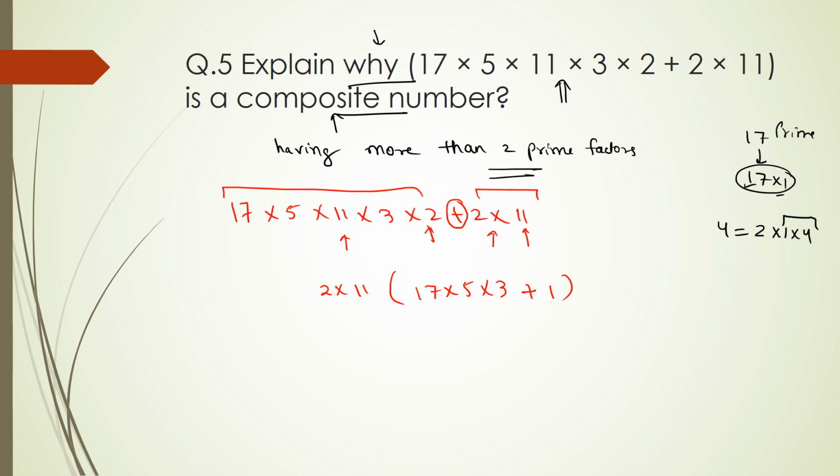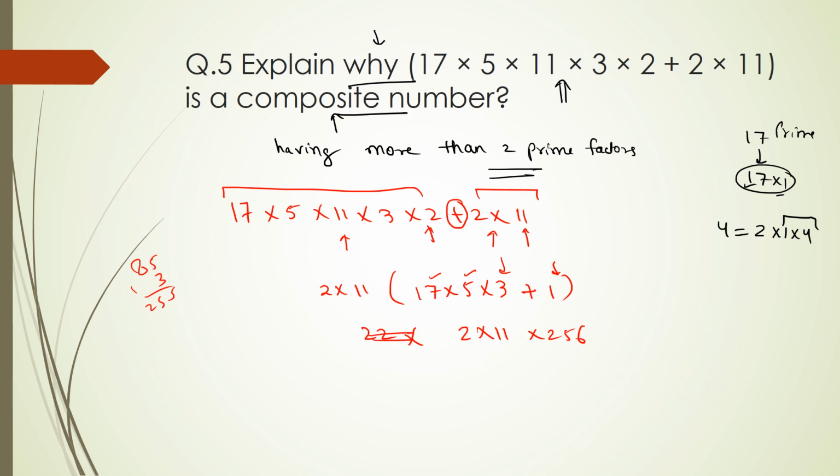So 2 into 11 is 22. Then you have 17 into 5 into 3, or just simply not write it in the collapsed form, just keep it 2 into 11. Now what is this? 17 5s are 85, 3 5s are 255. So 255 plus 1, that is 256.